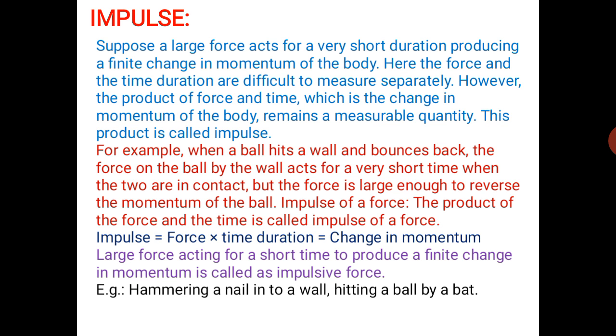Then what about the SI unit of impulsive force? Force unit is Newton, time unit is second, so Newton second. Also, the dimension of change in momentum is the same as the dimension of momentum, and momentum is mass into velocity, so the unit of momentum is kg meter per second.